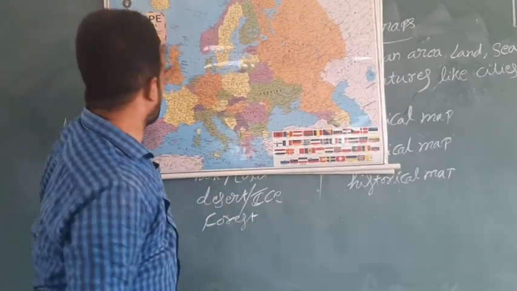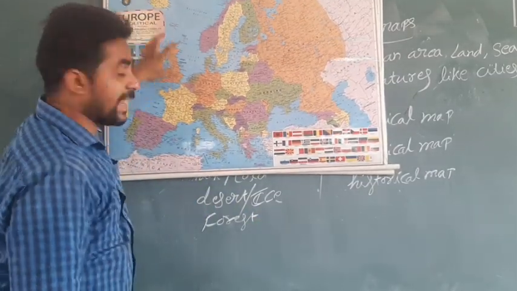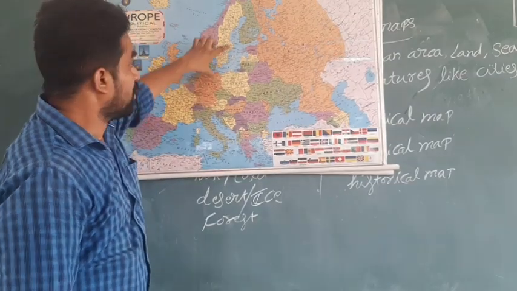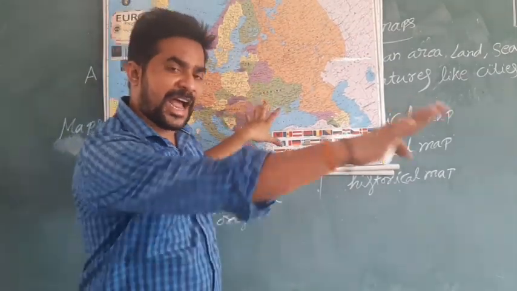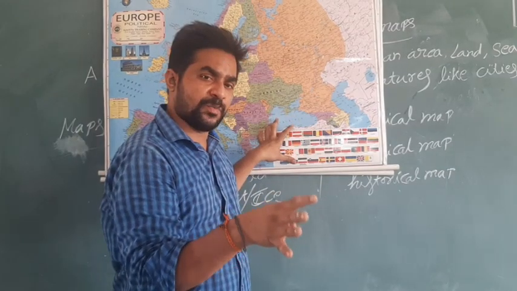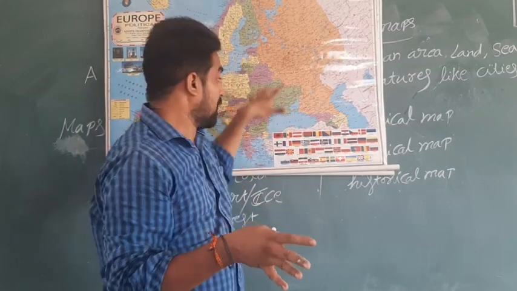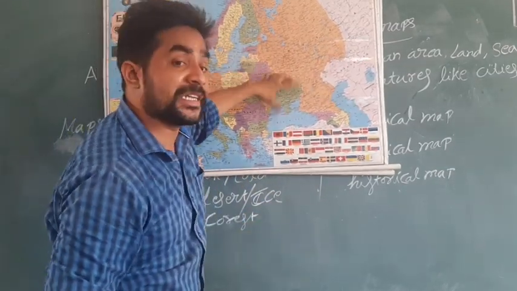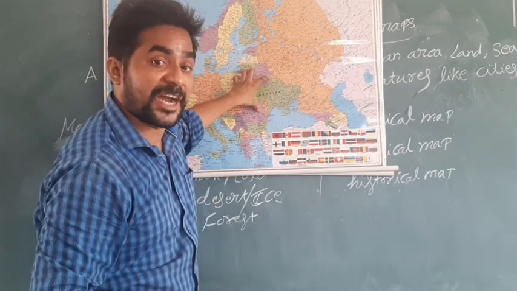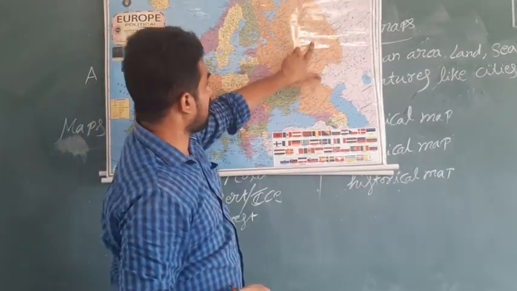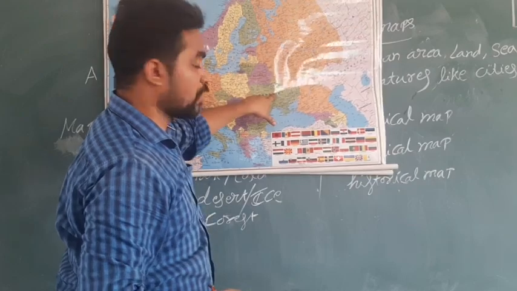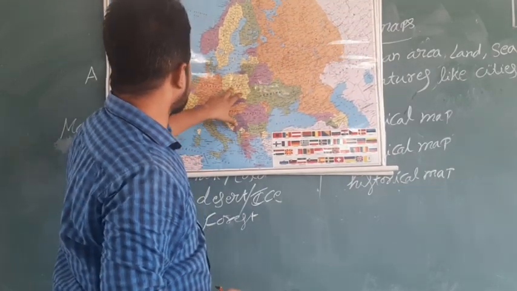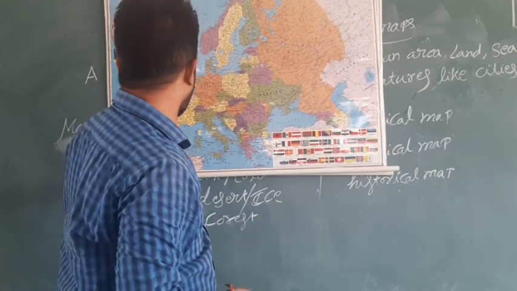Now I'll show the political map. In the political map, we cannot see landforms like plains, plateaus, mountains and rivers, but we see political divisions for the purpose of administration. This is Russia, this is Ukraine, and here you can see Poland, Germany, France, Spain, Portugal.